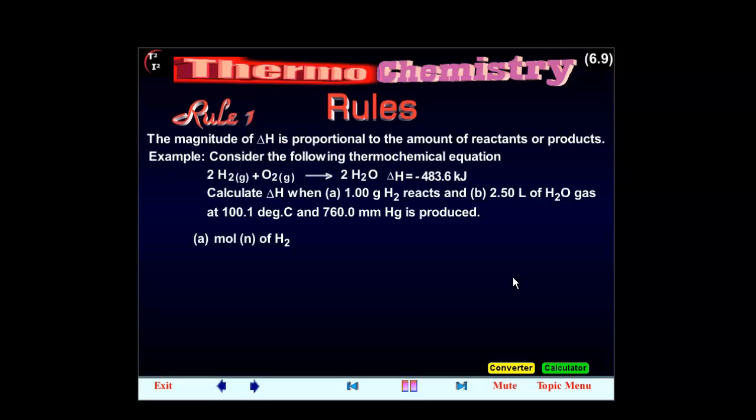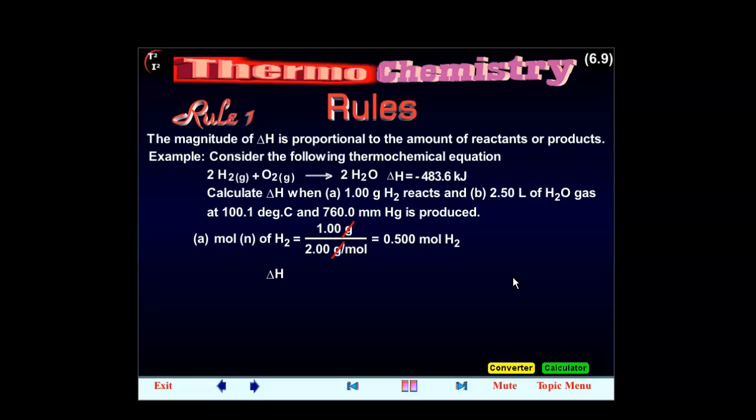A. Moles n of H2 equals 1.00 gram divided by 2.00 grams per mole, equals 0.500 mole H2.